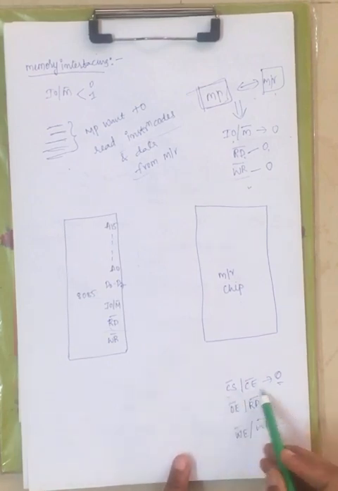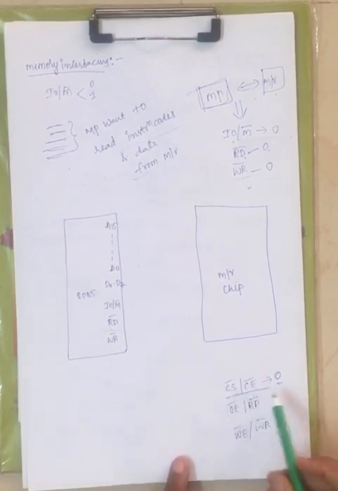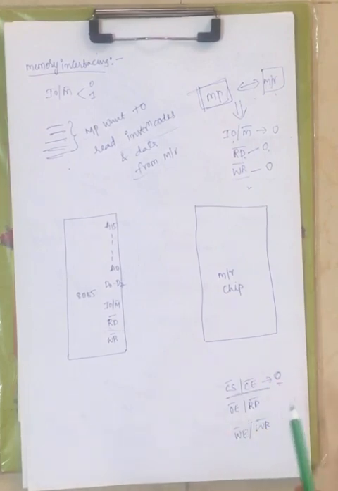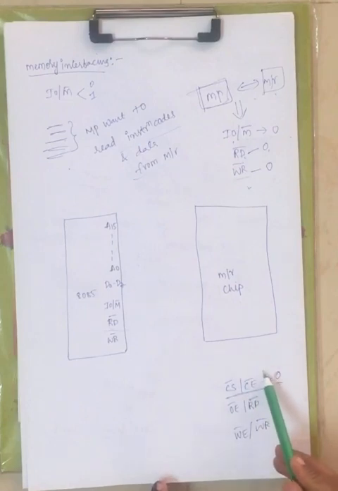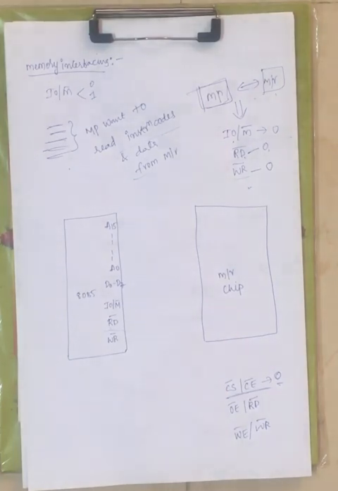Only thing is, before communication you have to select the chip by making CS bar 0. When it is 0, the particular memory chip is ready for communication with the microprocessor.